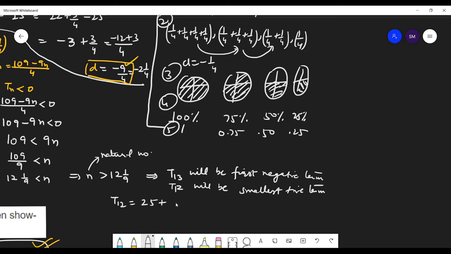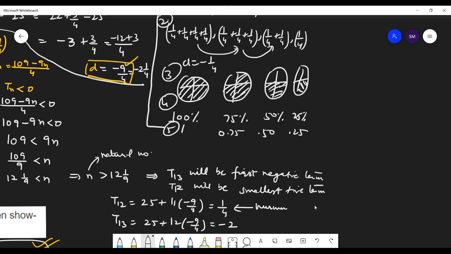A plus 11 into minus 9 by 4. What does this come out to be, students? 1 by 4. 1 by 4, right? What is T13? Minus 2. So 25 plus 12 into minus 9 by 4, and this comes out to be minus 2. Yes, absolutely correct. So tell me which one of these two is numerically smallest, students? T12.